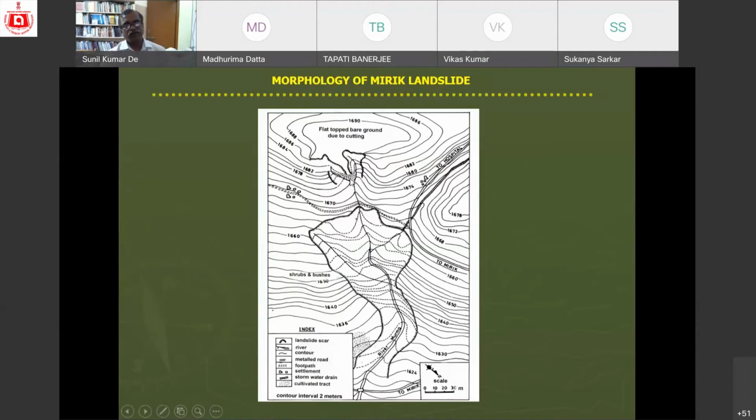So regularly when this water is coming out from the middle part of the slope, then naturally the lower layer or the subsurface layer of that area will be wet, and the upper layer becomes a burden to this lower layer. So in this way this is formed, and this slide was created many days back.